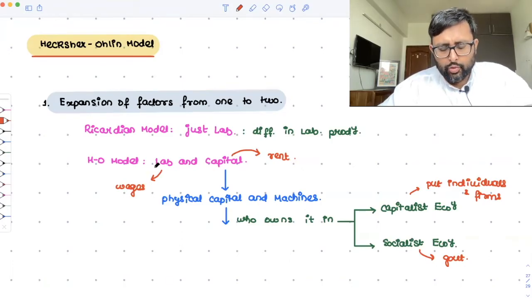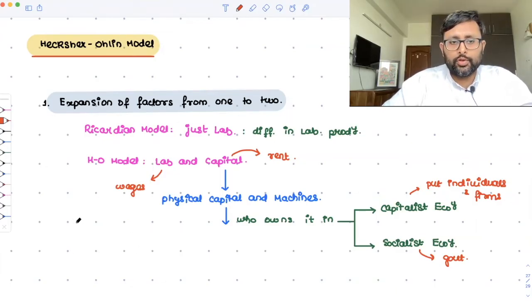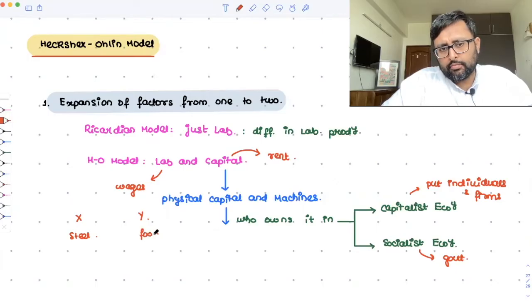But just think about it. You said this, that there are two productive factors, labor and capital. This is also going to bring some reality into the picture, because suppose you are producing two goods, let's say you're producing X and you're producing Y. X is like, let's say, steel. Y is like, let's say, maybe food or something, right? So don't you think that steel production is also going to use capital more, right?